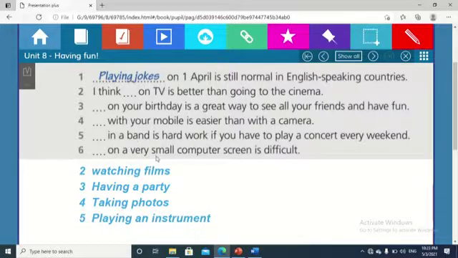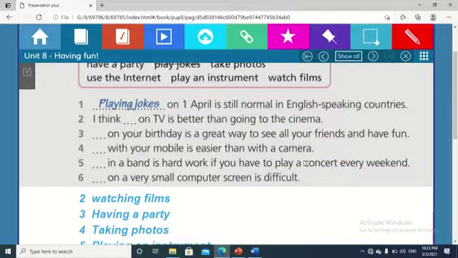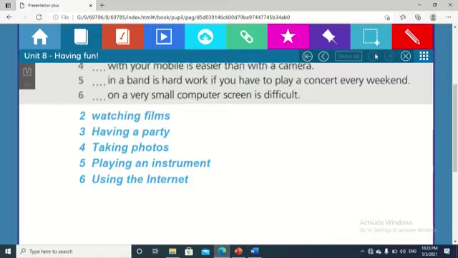Okay, on a very small computer screen is difficult. Using the internet. Use the internet as a verb, using the internet. So you can notice that all the verbs now are changed into gerunds. This is a kind of noun, a type of noun.